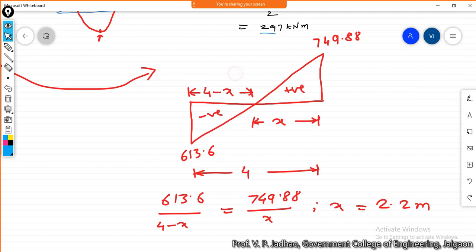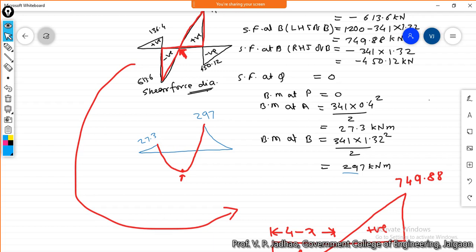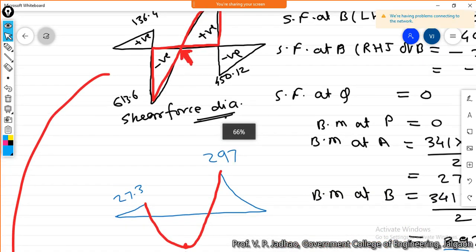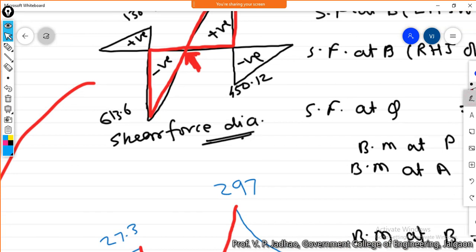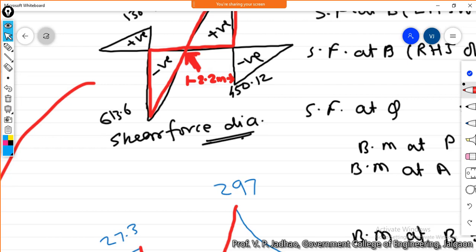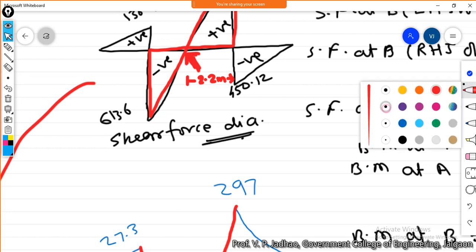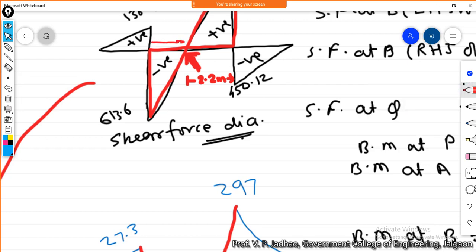Therefore the point of maximum bending moment is at 2.2 meter, and the remaining length will be 1.8 meter, because total length is 4 meters. So this is how we have got the point of maximum bending moment.